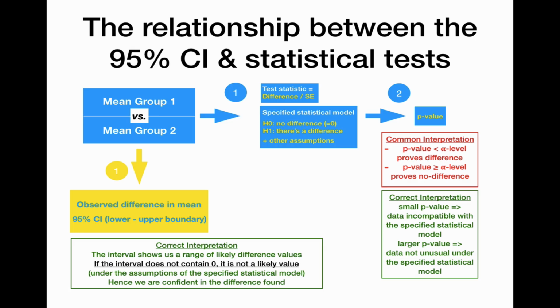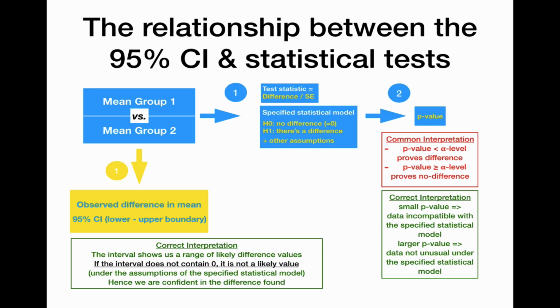And that's interesting because it doesn't only contain the estimate in our study, but it also shows you a range of other values that might as well be likely. And if that interval does not contain 0, so the range falls below 0 or above 0, then that's not a likely value under the assumptions that are made in the specified statistical model. So in that situation, we are confident in the difference found.